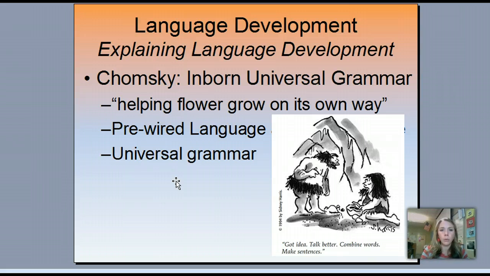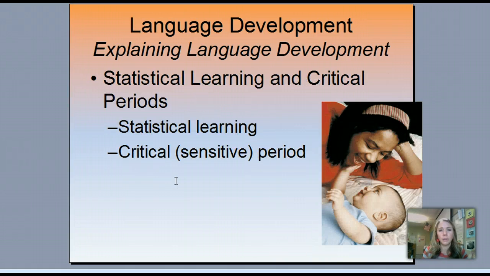All right, and then the last thing we're going to talk about in these notes is language development as far as critical periods and statistical learning. So critical periods, we'll go to those first, or sensitive periods. Those seem to be the period of time when children must be exposed to language in order to keep it for the rest of their life. So the critical period for acquiring the first language, or learning a second language, is right before 7 years old.